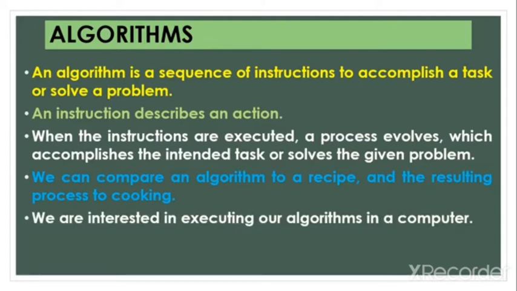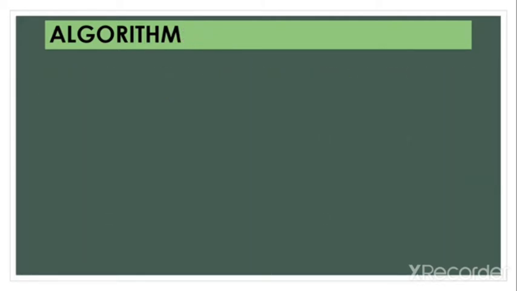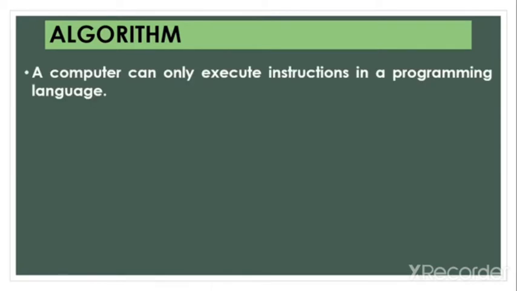We are interested in executing our algorithm in a computer. See, we may be interested to execute the algorithm in a computer, but the computer never executes the algorithm. It executes the instructions in the programming language. So the computer is a machine. Okay, we all know that it is an electronic device. So to make a computer work, we have to give instructions to the computer.